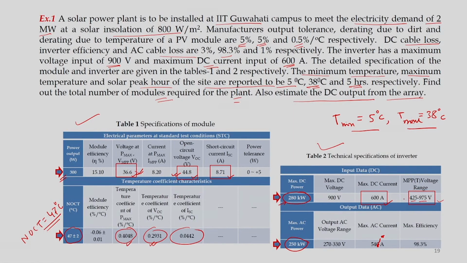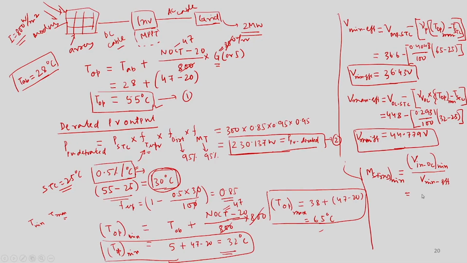Here the V inverter voltage, that is minimum, is 425, okay. This 425 needs to be used here. So 425, and then we have V minimum effective, which we have already found, 36.43, which gives 11.67. So that is equivalent to 12, because it has to be a whole number, okay.